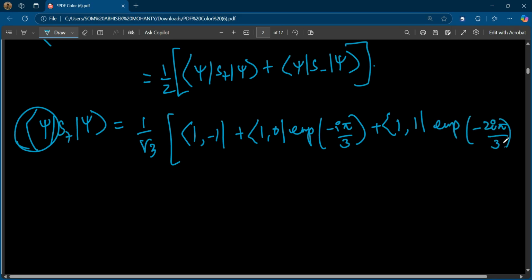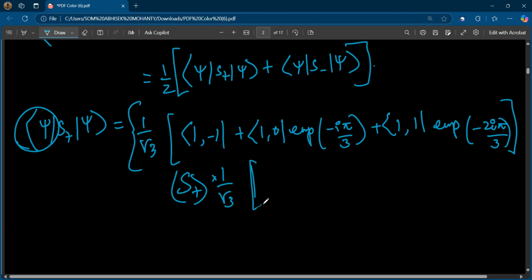Yeah. So, okay, plus S plus, and we'll write this one, 1 by root 3 S plus psi.